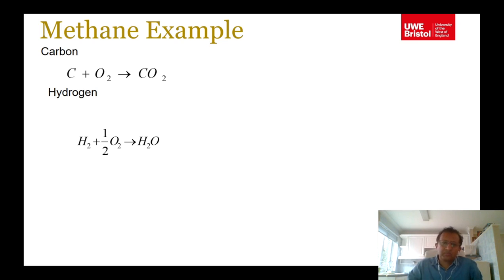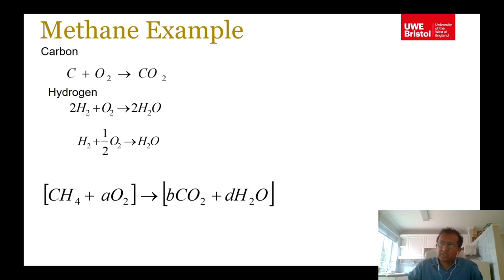So these two are balanced chemical equations, and then if you have 2H2, it will mix with one oxygen molecule, and it will produce two H2O molecules.